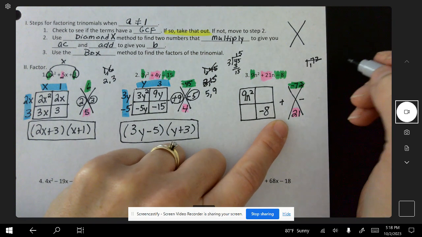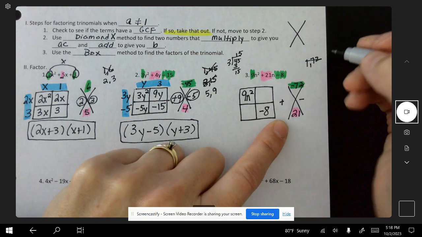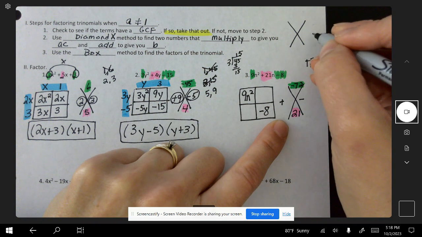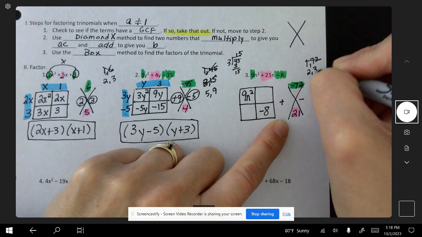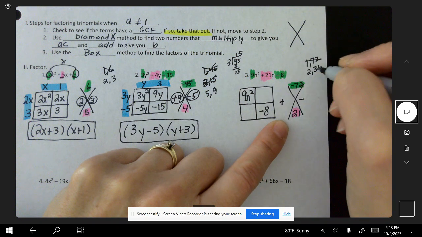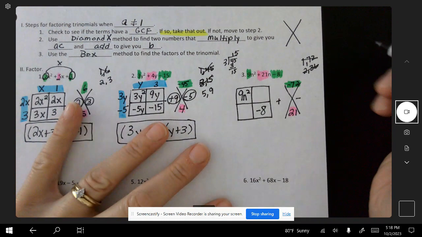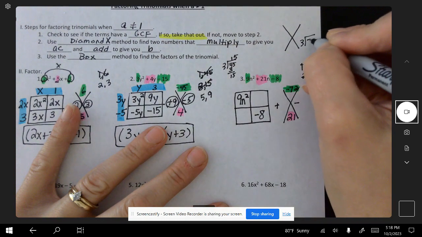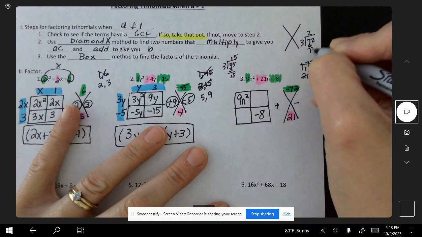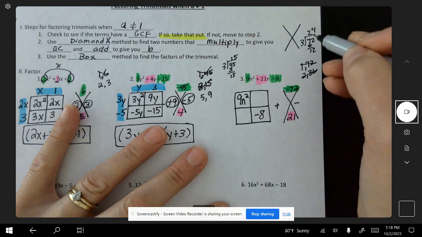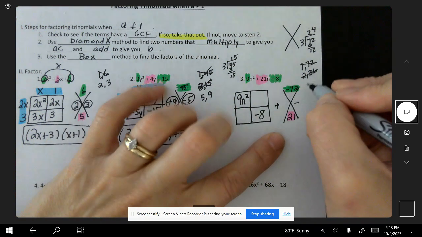All right, 2. Let's see here. 2 times 36, I believe, is 72. Yep, but 36 minus 2 is 34, so that doesn't work. Does 3 go into 72? That's 2, 12, 24, and 24 minus 3 is 21.